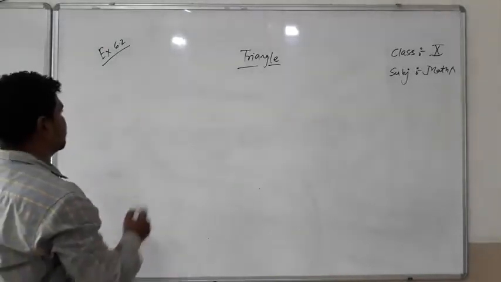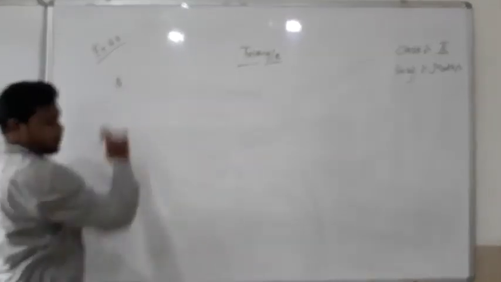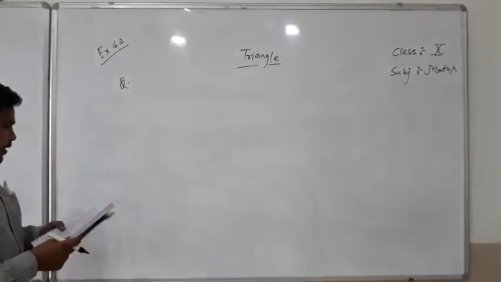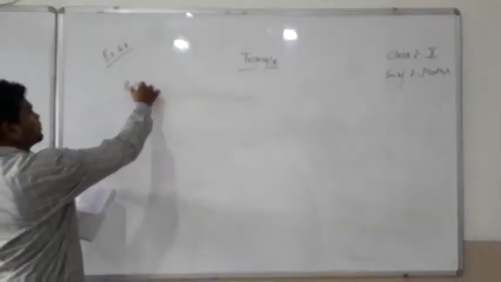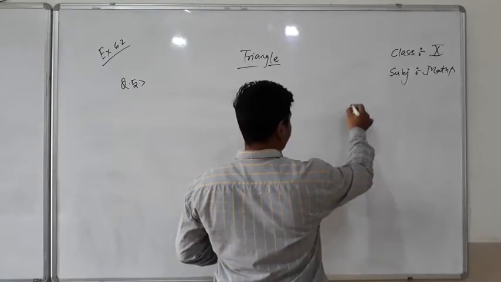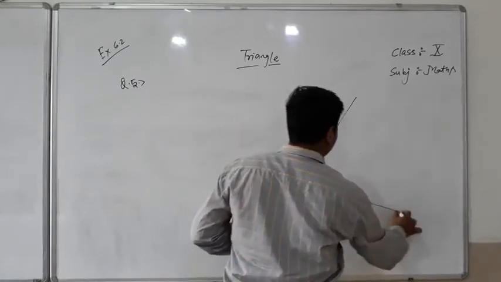Again I am taking the next question. Let me take the question number 5th. With the help of these questions, you can solve other questions. The figure of the question is this.